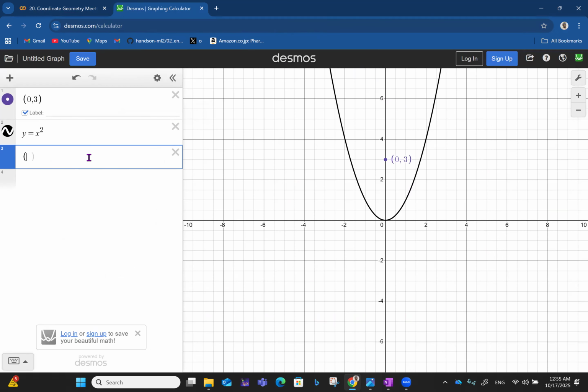So we have square root of 5 over 2, comma, 5 over 2. So you see that's the point on this curve.